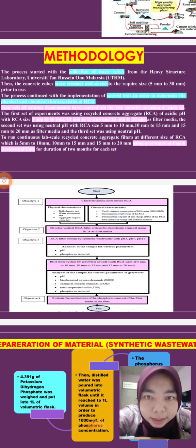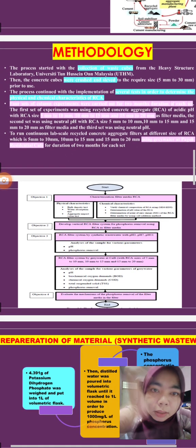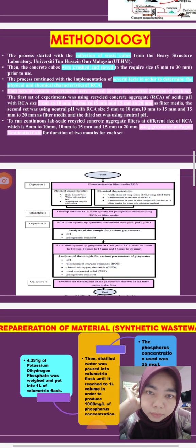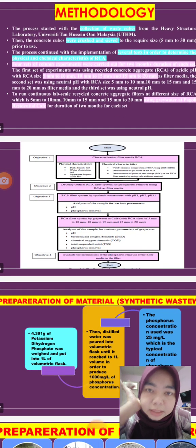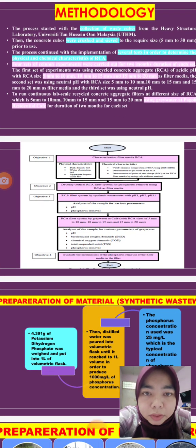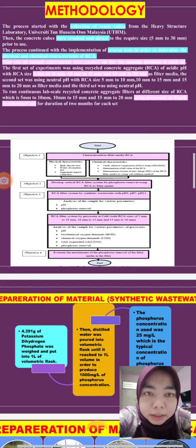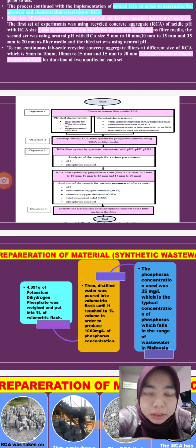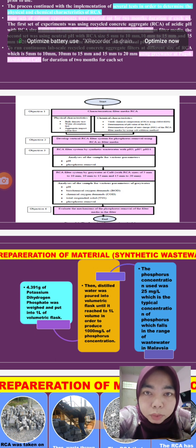Then the RCA were tested for the first set of experiments. Then continue to run continuous lab scale recycled concrete aggregate filter using greywater at Bago Residential College for duration of 2 months for each test. Next, this is the methodology based on objective 1 to objective 4.